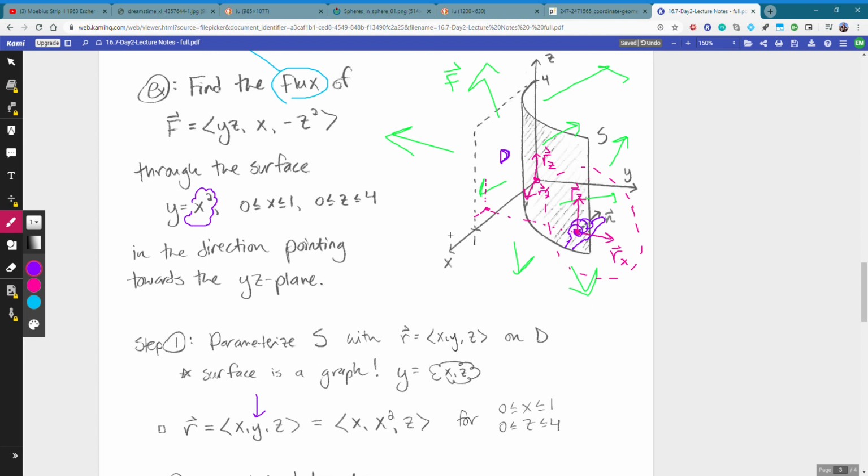And so it's going to have to be Rz cross Rx for us. Rz cross Rx points us in the direction of n.